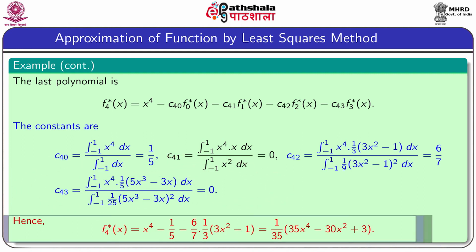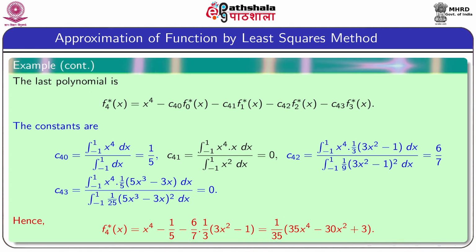Thus, finally, f4 star x equal to x to the power 4 minus 1 by 5 minus 6 by 7 into 1/3 into 3x square minus 1. After simplification, f4 star x becomes 1 by 35 into 35x to the power 4 minus 30x square plus 3.